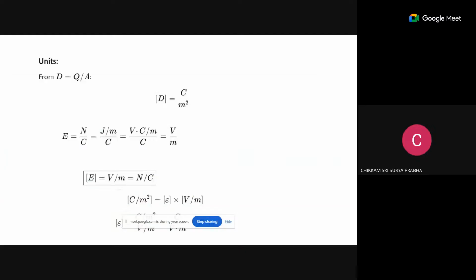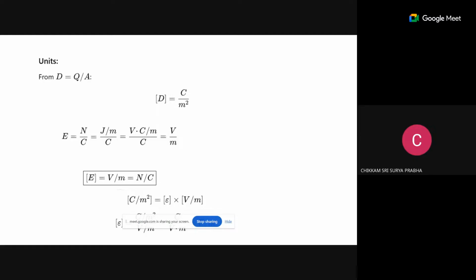Now, coming to the units, we know electric flux density is defined as electric charge per unit area. From this, we can write D as Q by A. We know the unit of Q is coulomb and of A is meter square. From this, the unit of electric flux density is coulomb per meter square.